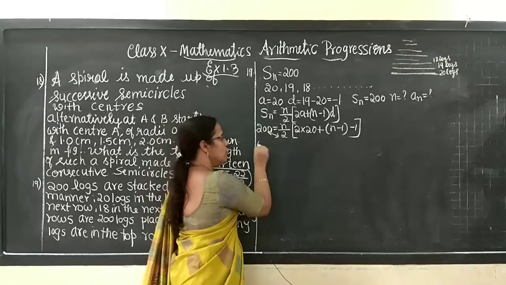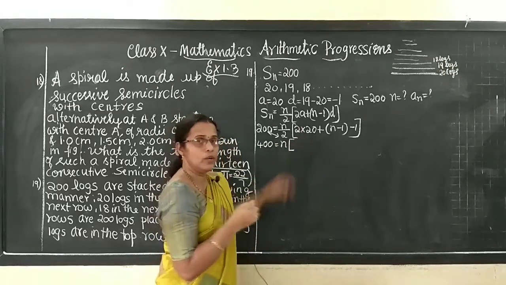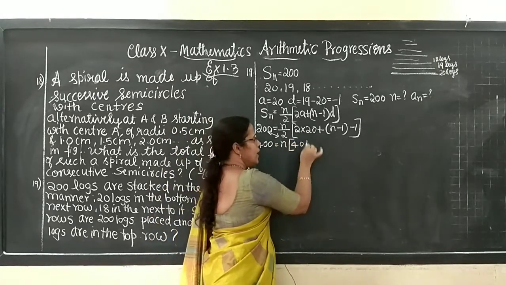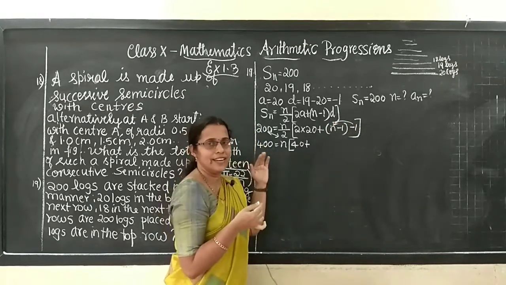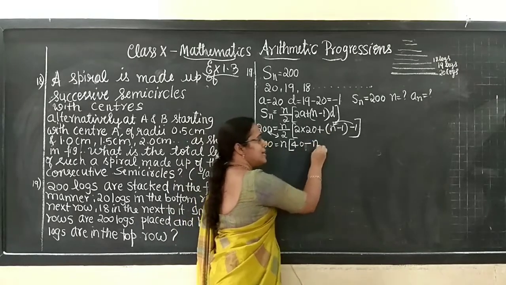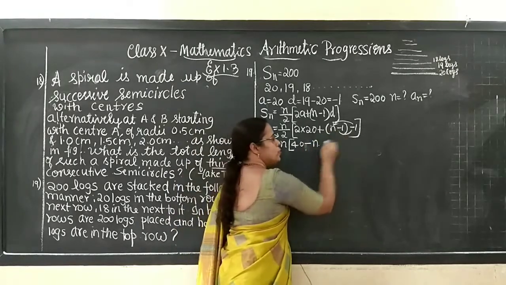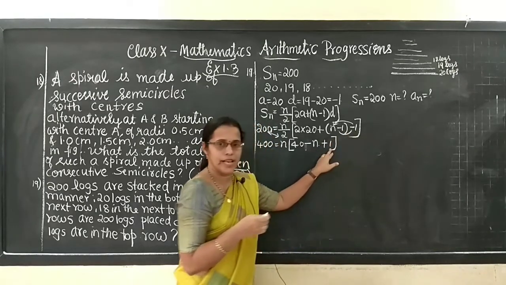200 into 2, 400 is equal to n into 40 plus n minus 1 into minus 1. Minus 1 into n minus 1, you write minus n here, and minus 1 into minus 1 is plus 1. One ones are 1, minus into minus is plus.